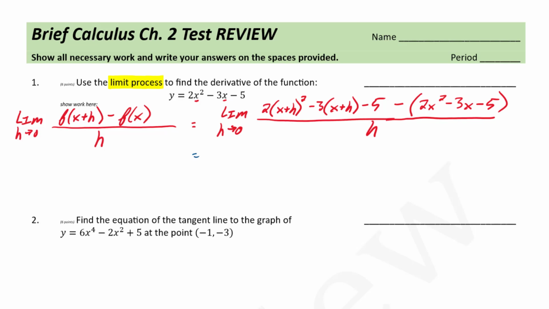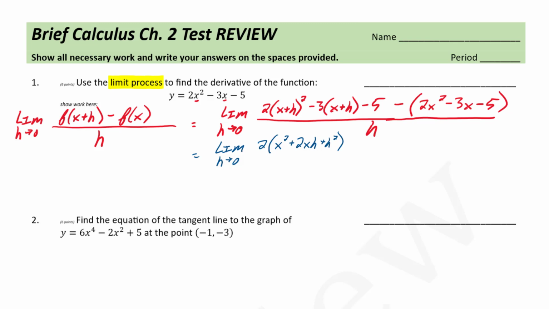From here, my goal is to now attack those parentheses, or just go after expanding them out. The first parenthesis, I have to deal with the power part before I can deal with the times 2 part. So I'm going to leave the times 2 in front. X plus h times itself, I should get an x times x for x squared, an xh and another xh for a total of 2 xh's in the middle, and then an h times h for an h squared at the end.